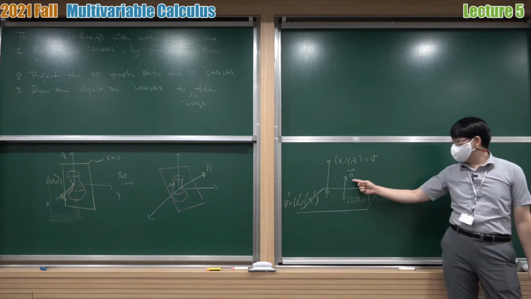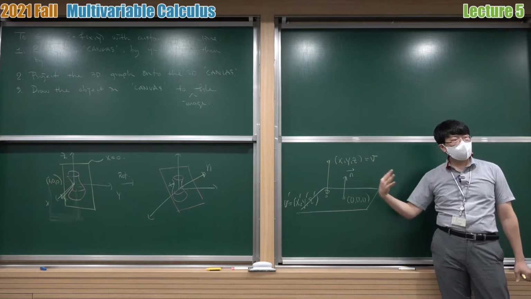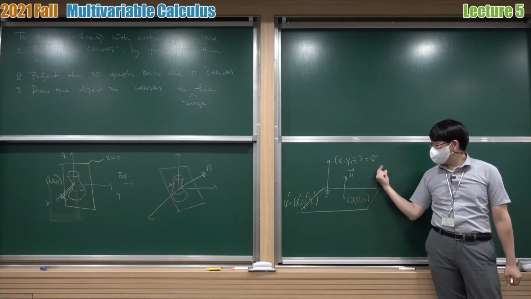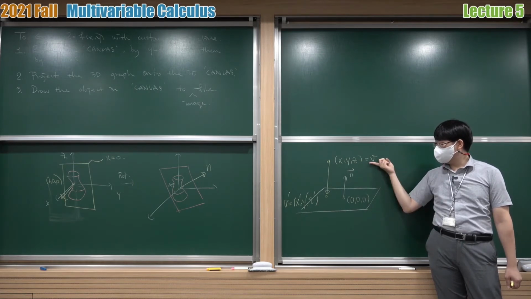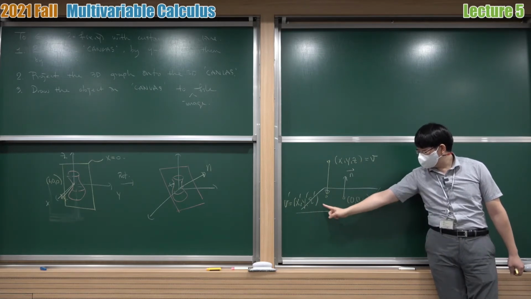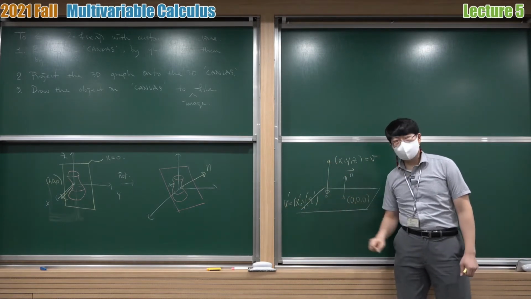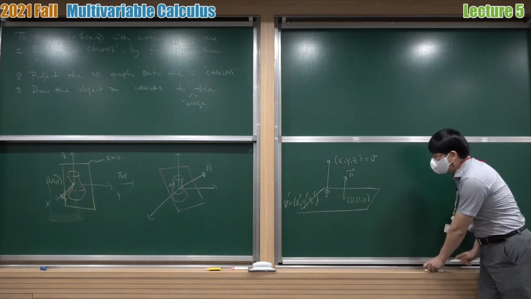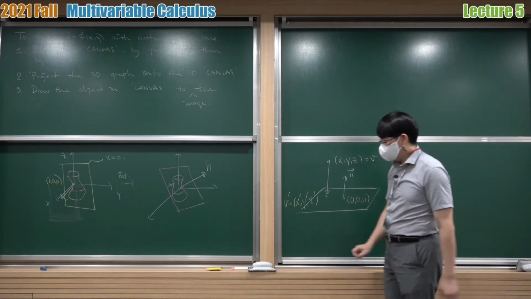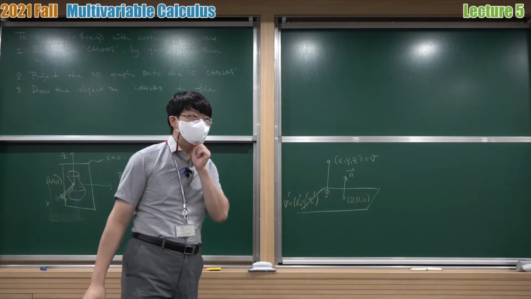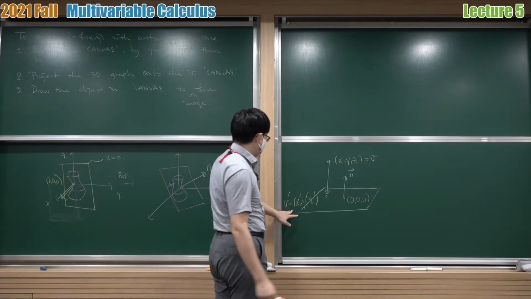So we have information about the direction of the plane with the normal vector here, and we have a random vector. I want to find out the position of the point when I project this point onto the plane. So what's your idea? How are you going to find these points?